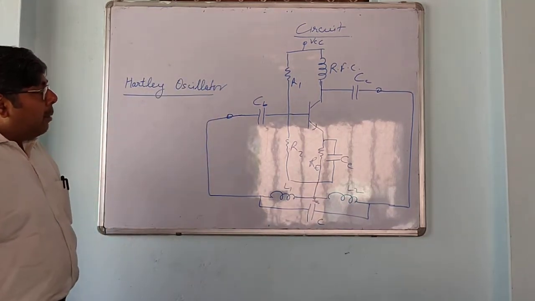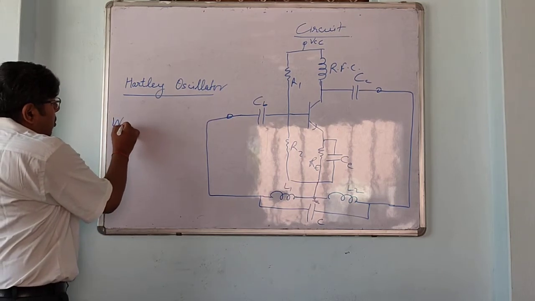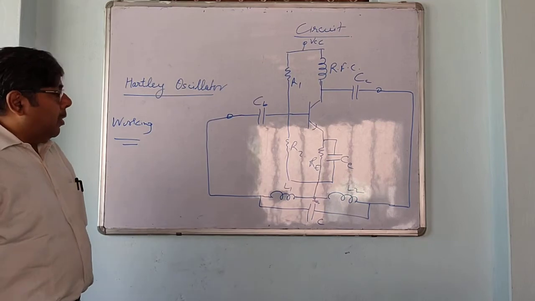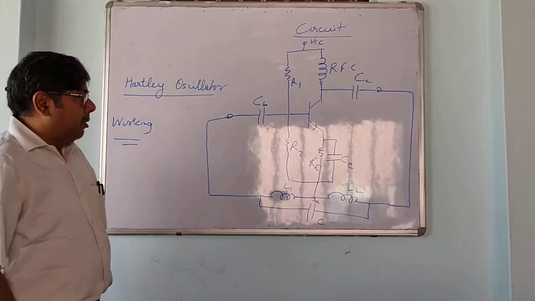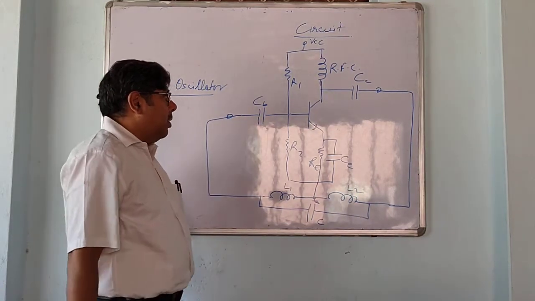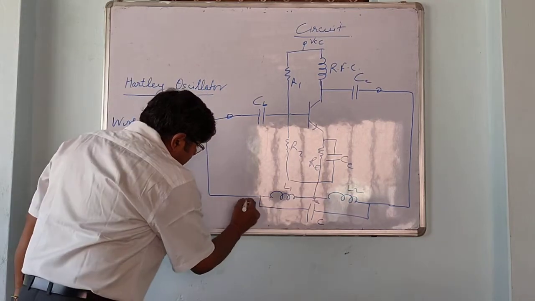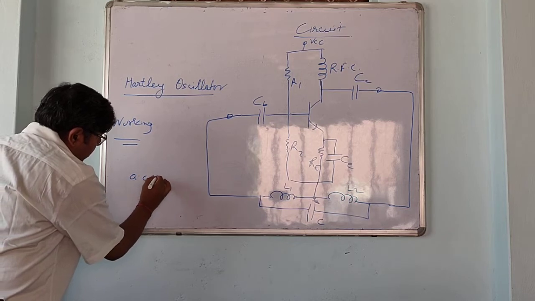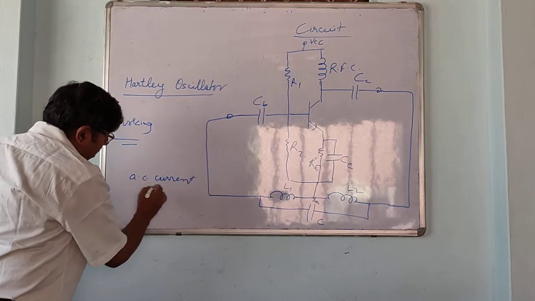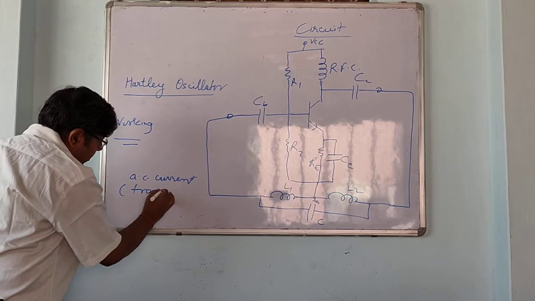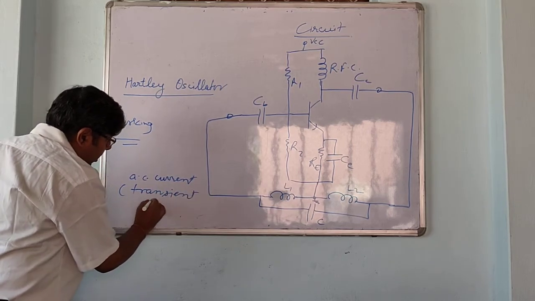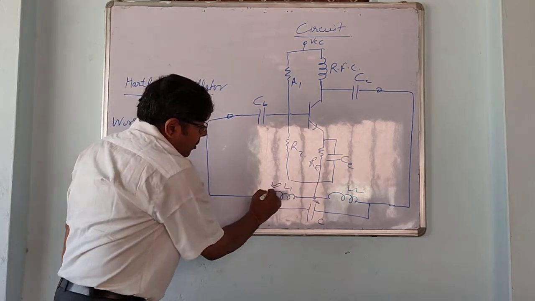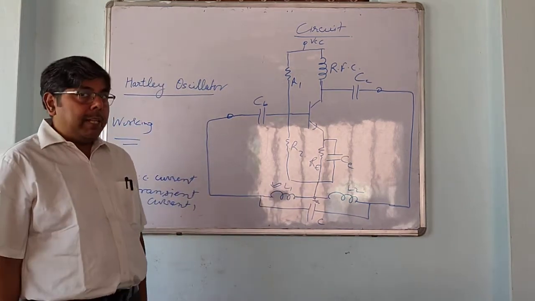So in short, you can see the working of this Hartley oscillator. What happens when we bias this transistor? An AC transient current is established in this inductor because the current is variable.